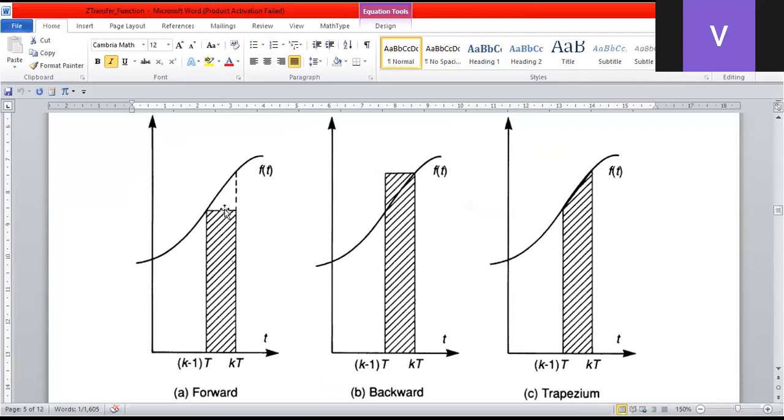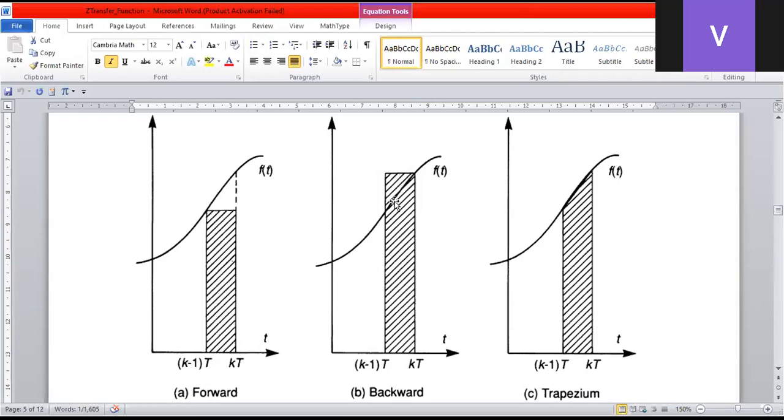So you are maintaining the value of the function constant at the start of the integration. That's the forward rectangular rule. If you look at it, you see that it underestimates the area under the curve, because where my cursor is is not encapsulated in the area. So this underestimates it.